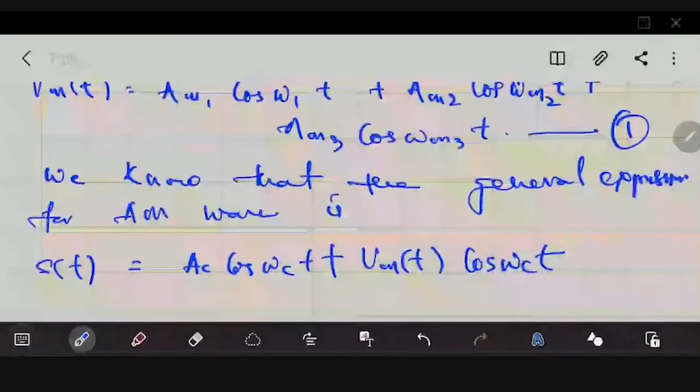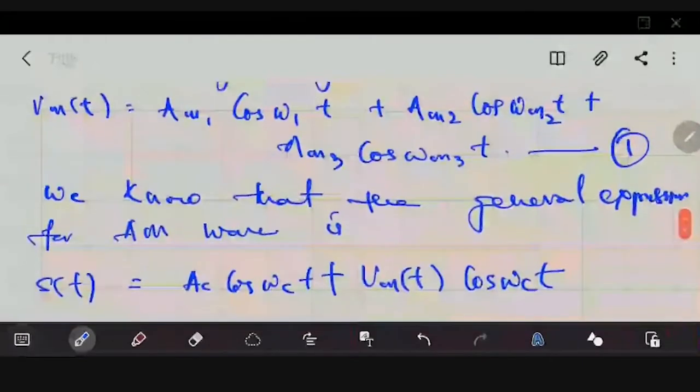So this was the expression for the amplitude modulated wave. So in place of V_m of t, if we put the actual value of V_m of t from equation number 1, we could get the expression for the amplitude modulated wave.